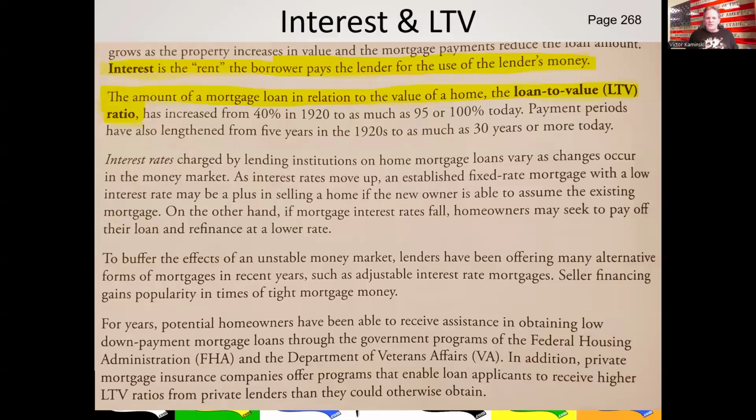For years, potential homeowners have been able to receive assistance in obtaining low down payment mortgage loans through government programs like the FHA, the Federal Housing Administration, which requires a low down payment, or through the Department of Veterans Affairs, the VA, for veterans or active military personnel.